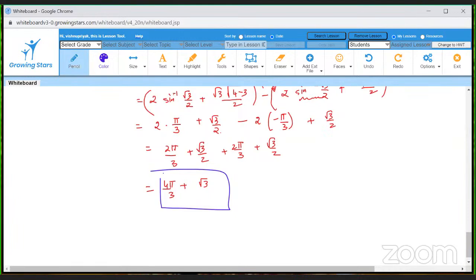If you want the answer which is given in the options, then the minus and minus will cancel. If you want the answer which is given in the question, for sine inverse you will not take minus pi by 3.